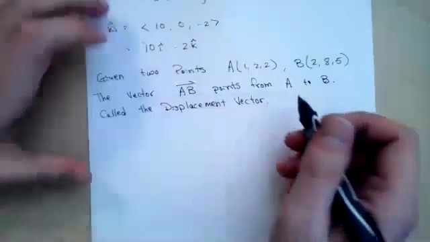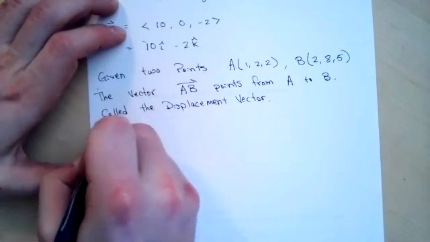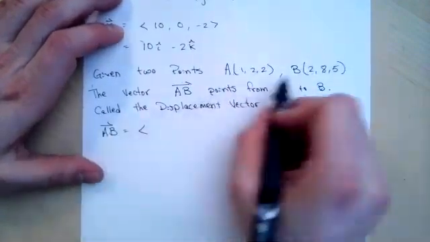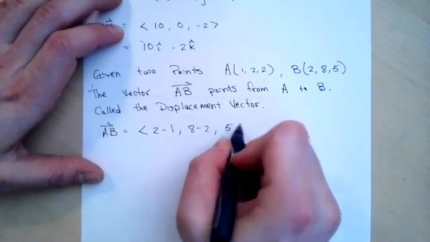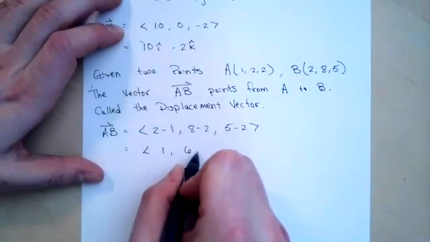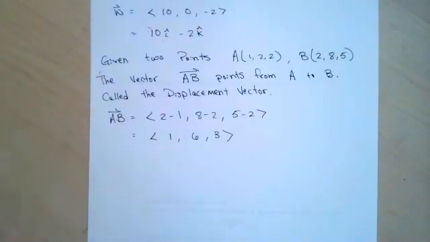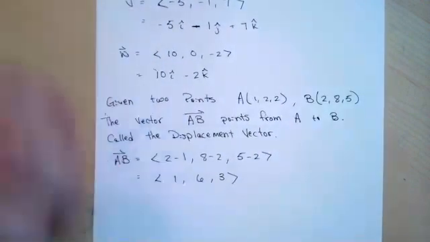So the way we do that is just do B minus A. So we do B minus A, 2 minus 1, 8 minus 2, and then 5 minus 2. So this is going to be our displacement vector.